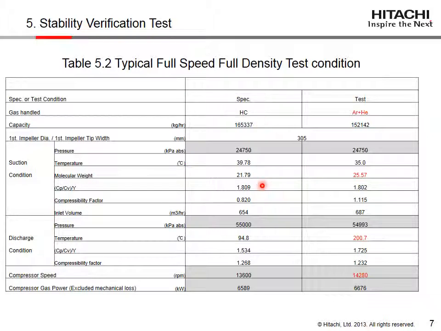That is a little higher molecular weight than the specified conditions. The speed is a little higher, and the discharge temperature is much higher than the specified conditions. The power is almost the same, and the inlet pressure and discharge pressure are almost the same.